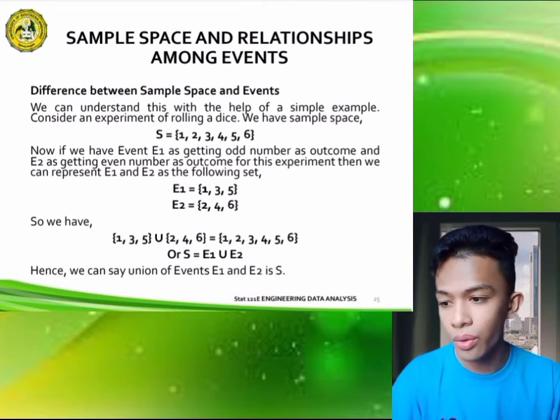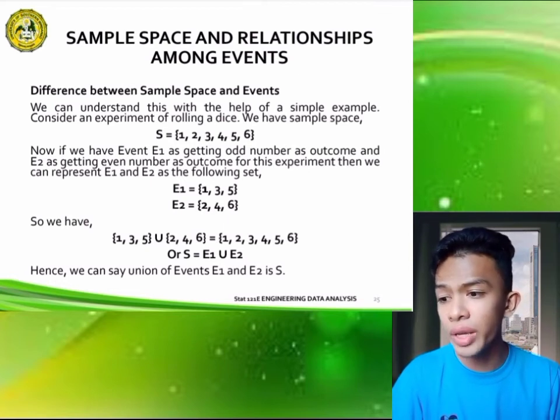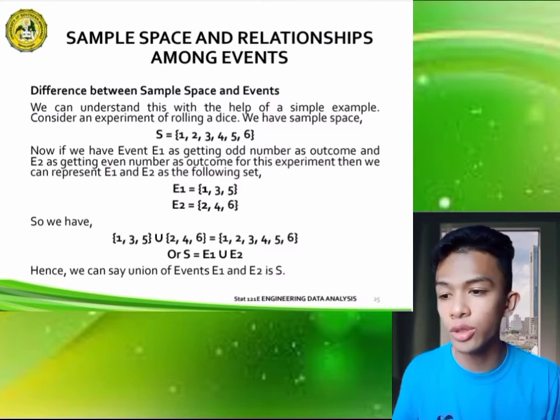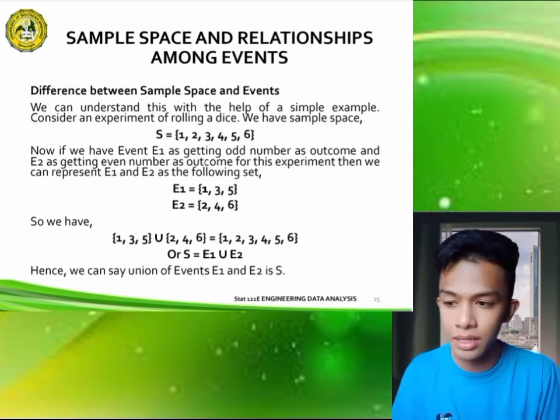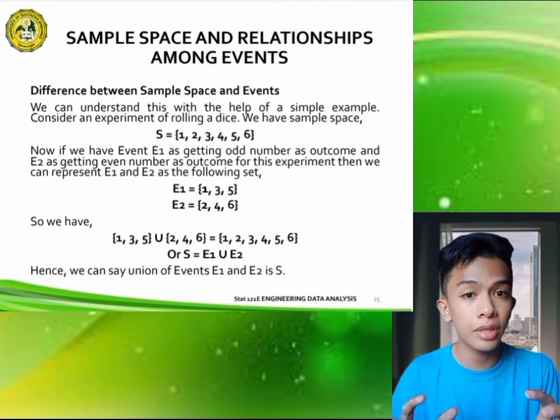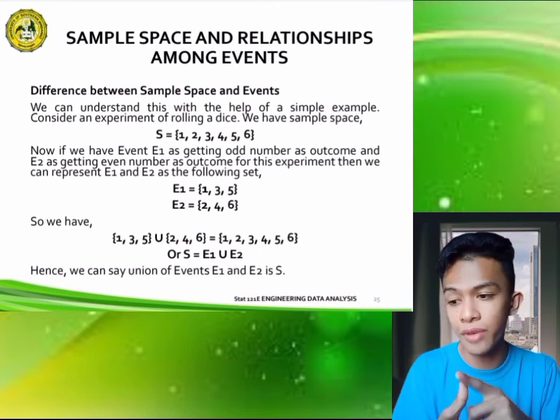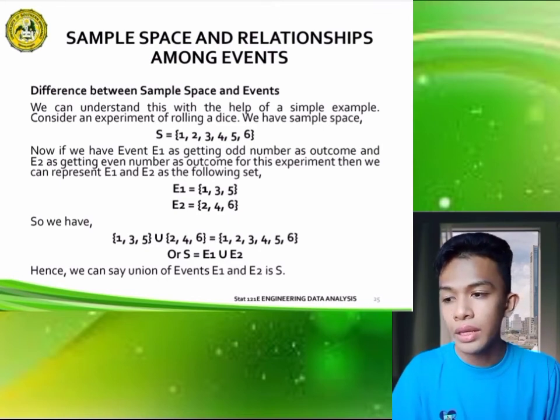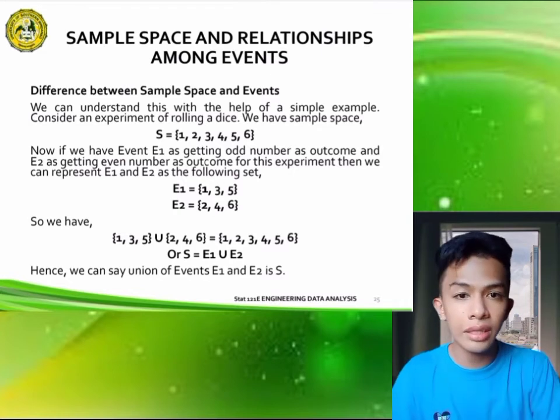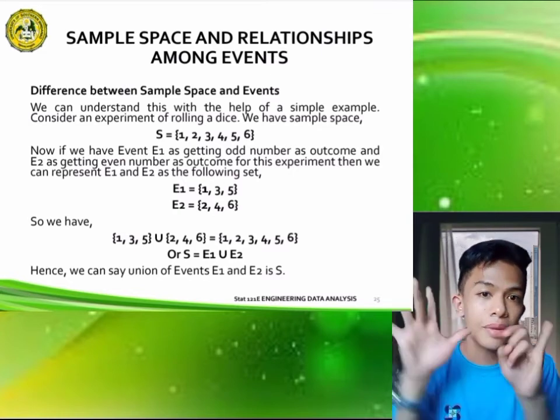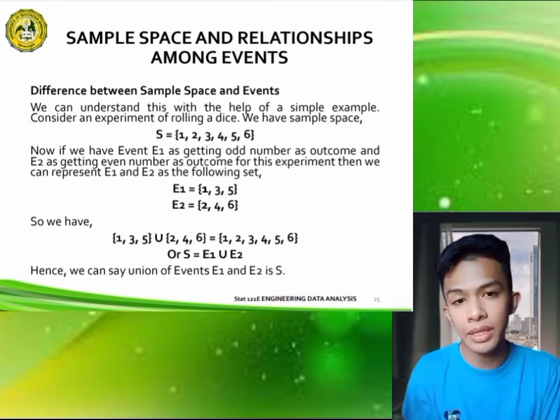Okay. We can also understand this by considering rolling a dice. For example, we have a sample space of 1, 2, 3, 4, 5, and 6. Now, we know that when rolling the dice, the 6 numbers are what come out as our sample space.